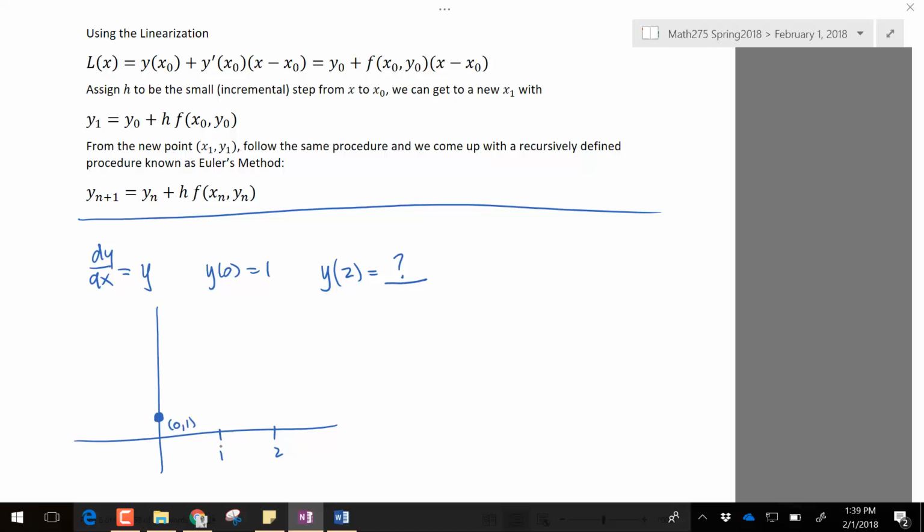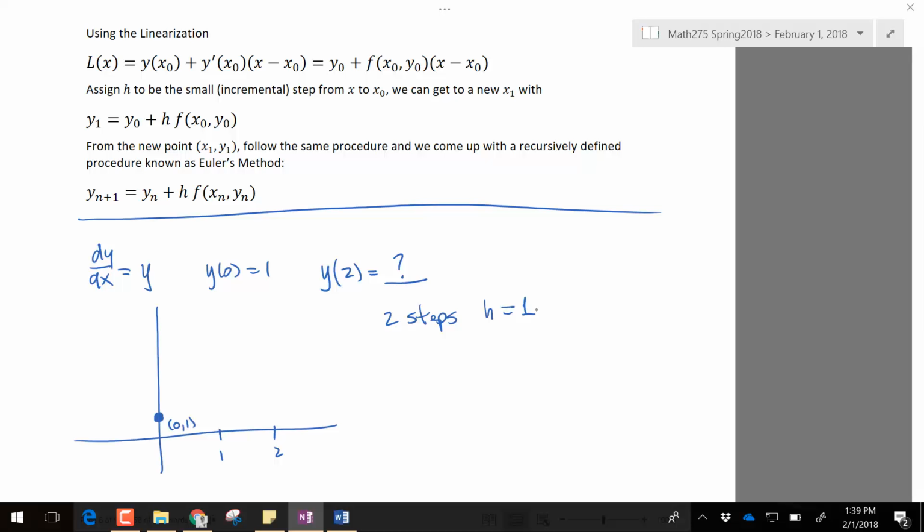That's the scenario we're looking at. So just to make it simple for now, let's take 2 steps. In this case, we're going from 0 to 2, so 2 steps would mean we're going to take big steps of 1. And then from 1, we're going to take another step to 2.